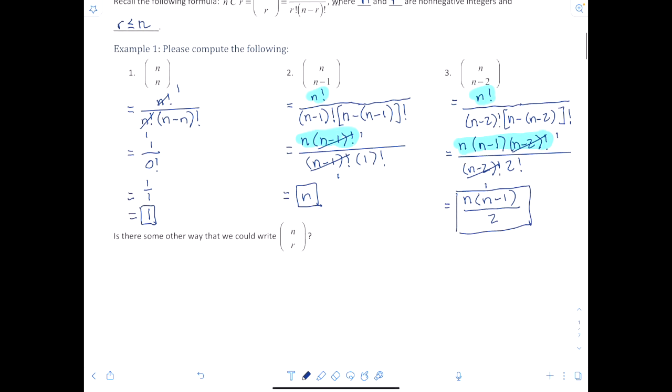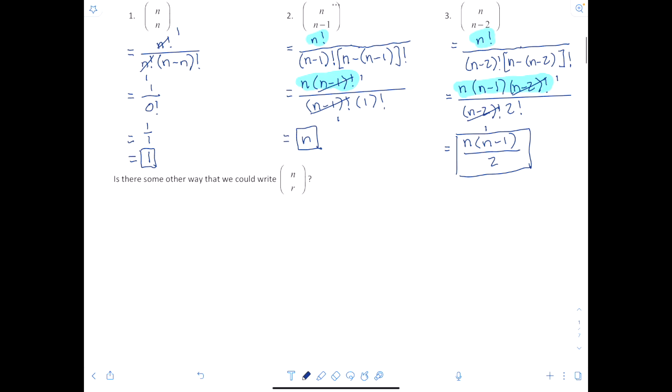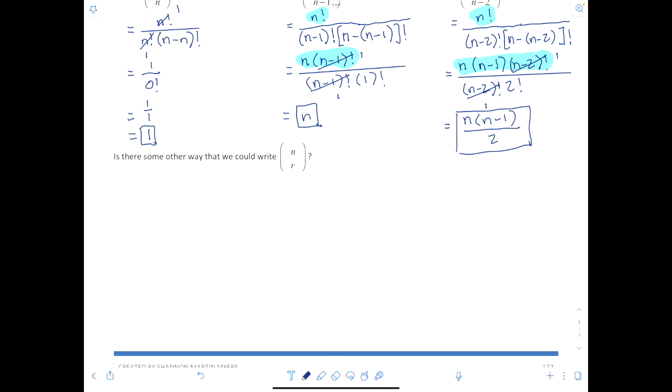All right, so next up, is there some other way that we could write N choose R? Sometimes we split things up and make them more ugly to be able to do a proof. So I know this looks beautiful, choosing R from N, but let's see if we can mess it up a little so that we can prove our binomial theorem, right?